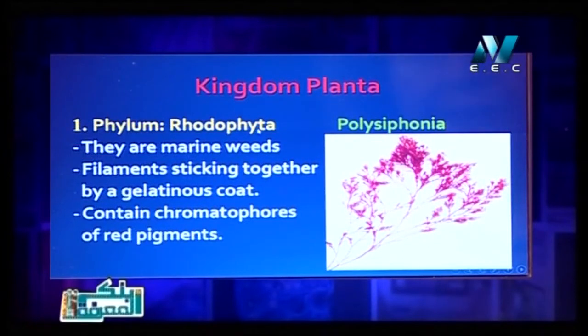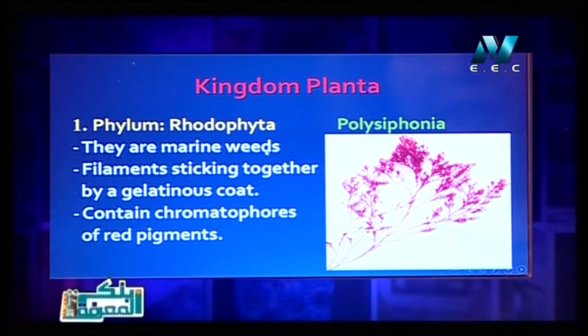Phylum Rhodophyta. The example is Polysiphonia, and this alga is a red alga, as you see. Even though it contains the green plastids or chlorophyll, the red pigments are the majority and dominate over the green color.